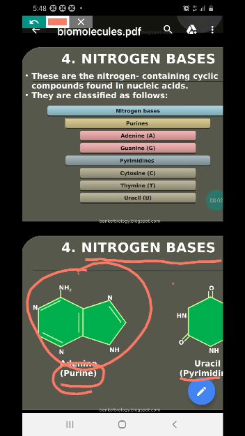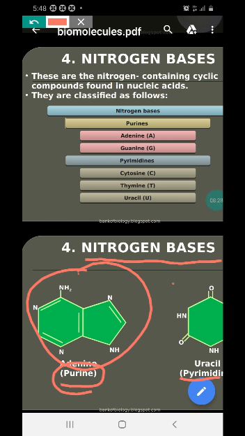Okay. Now where do you find these nitrogenous bases? Yes, they form one of the components of RNA and DNA. You know, RNA and DNA is important, right? It is the genetic material of all the plants and animals and viruses and bacteria also.